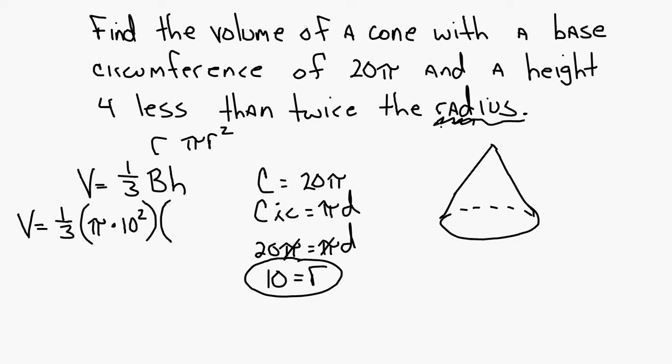So the height is equal to 2 times the radius minus 4. So it's 16. I'm trying to show some people how you got that 16. So 2 times your radius is 20, minus 4 is 16, there's your height.